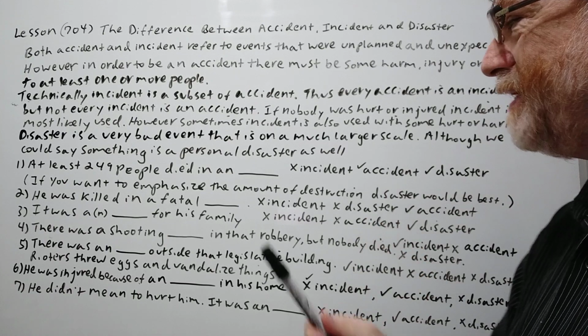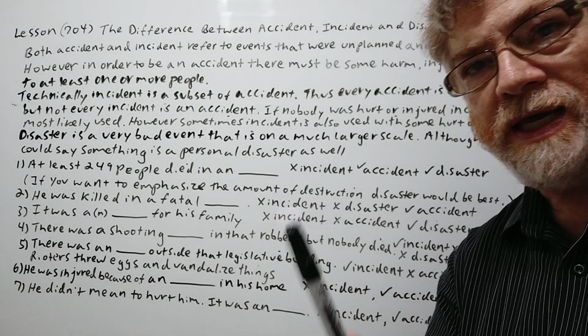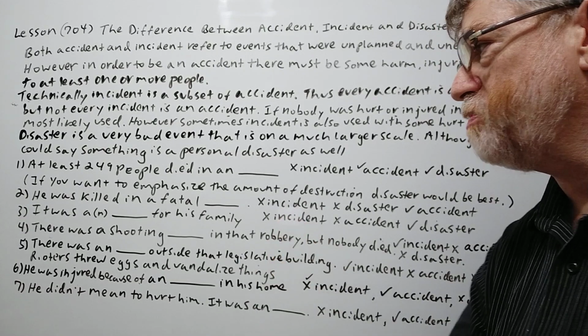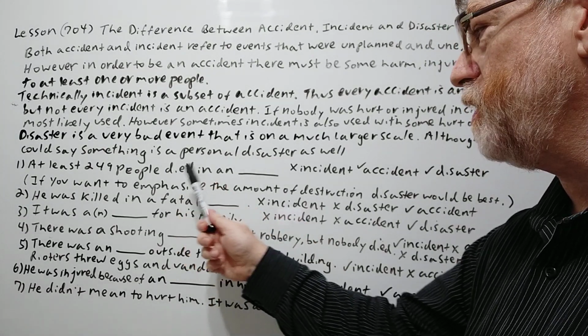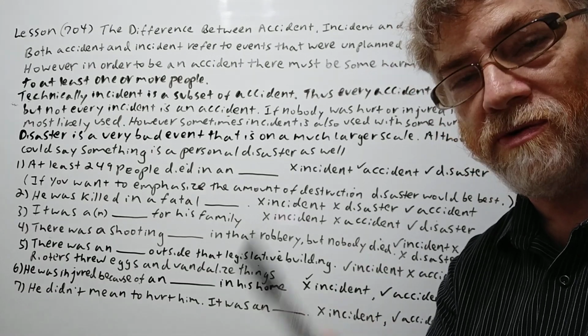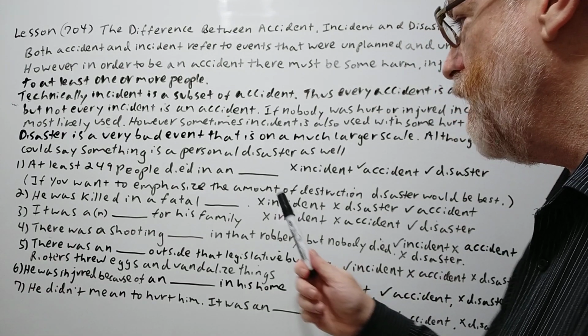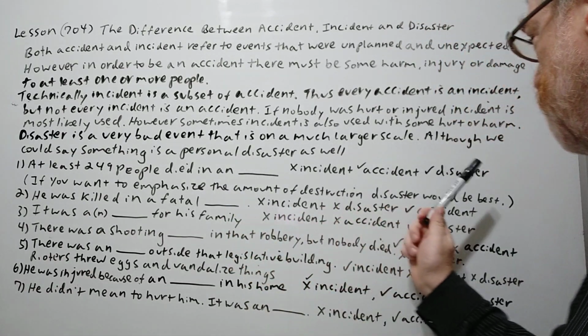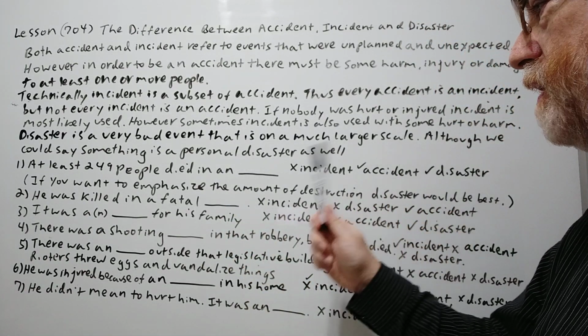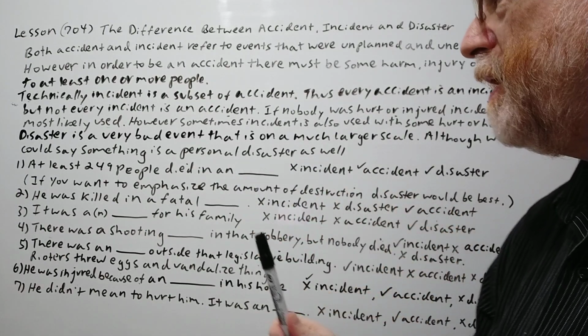Could you use accident? You could, but we're more likely to use accident if we said a form of transportation, like if you said 249 people died in a plane accident or a train accident or something like that. Probably the best answer here would be disaster.